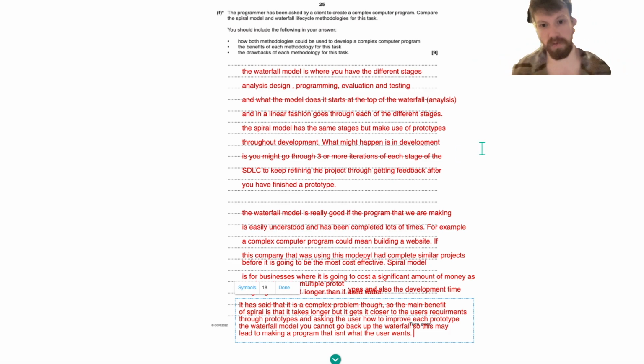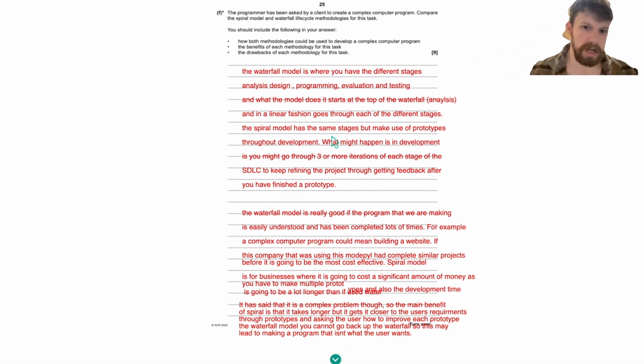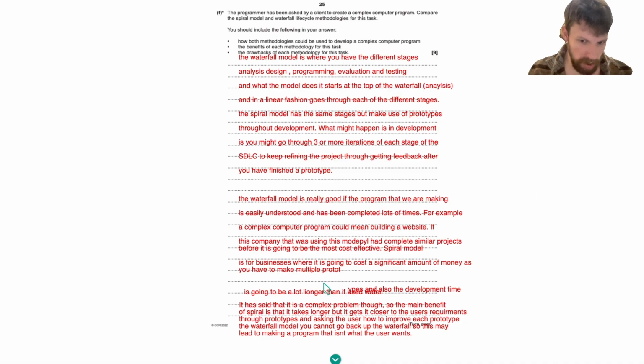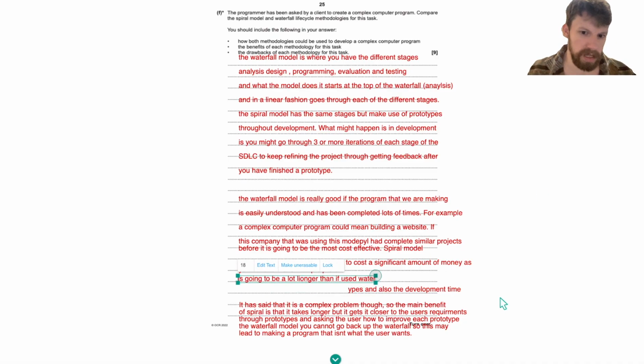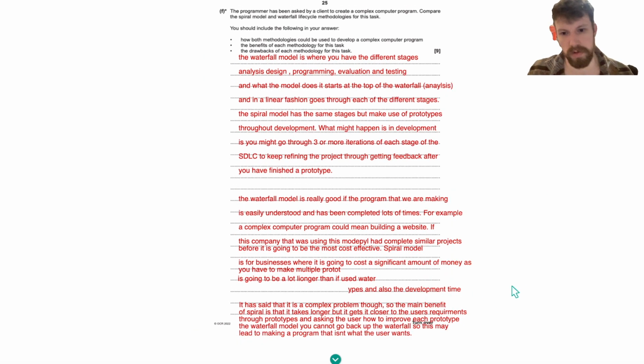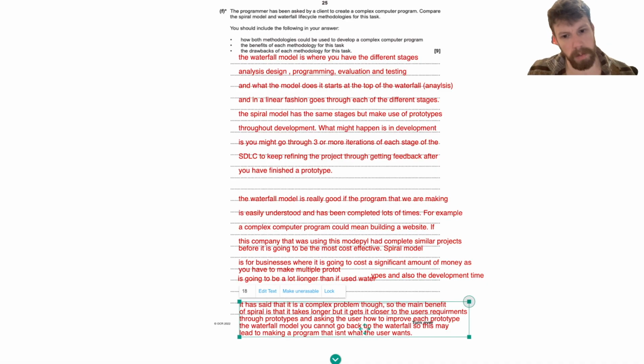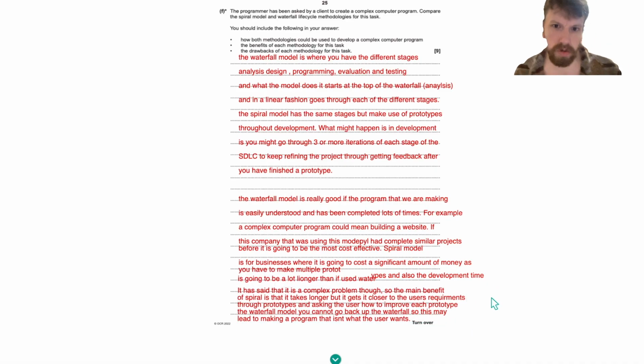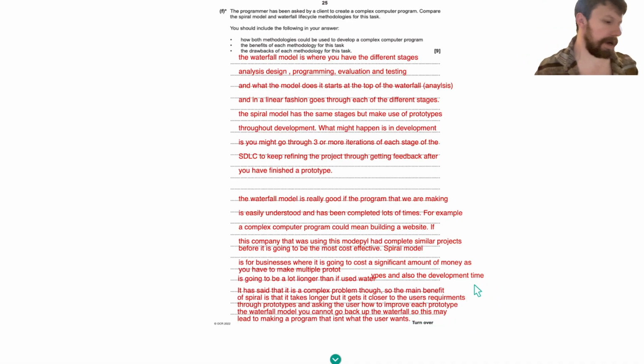So if it's a really complex program, again, there's no right or wrong answers in these ones. I think generally they're trying to say that what you want to do is go for the spiral model, and talk about how the spiral model could be used because it's a complex problem, and just talking about how development time is going to be longer, it's going to cost a lot more money.